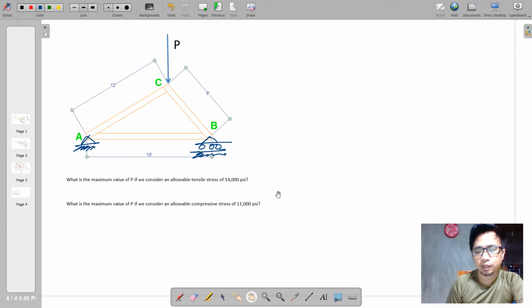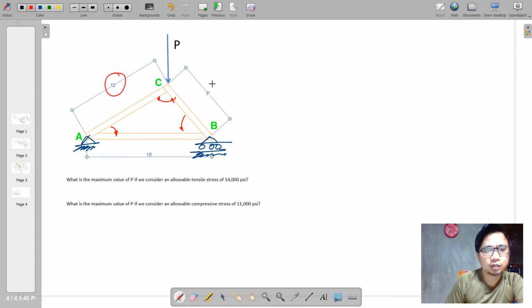So in dealing with trusses, of course, you need to establish your angles. That's so basic. In this case, we have three sides given but no given internal angle. So normally we resort to the cosine law and then determine the angles. But if you are observant, we can see that these dimensions are all divisible by 3.